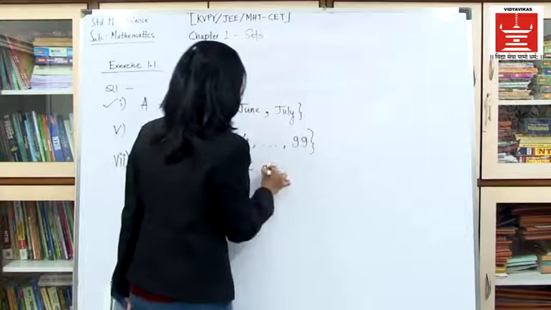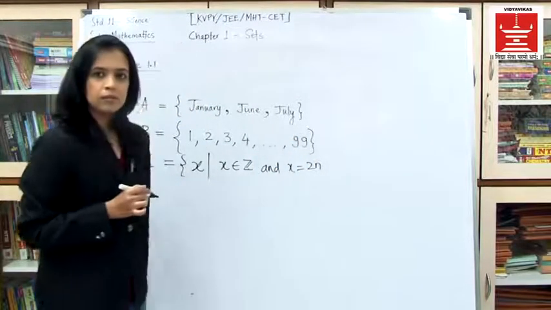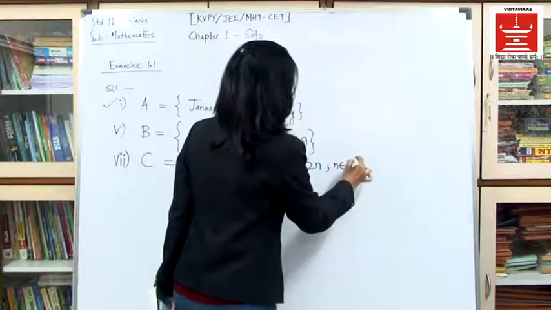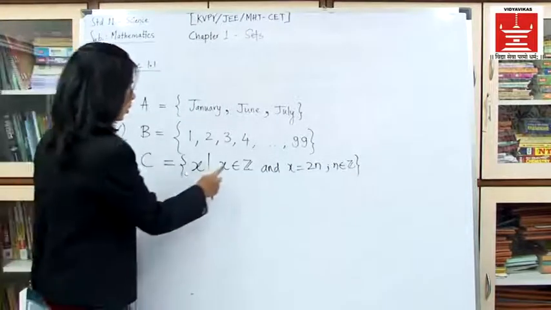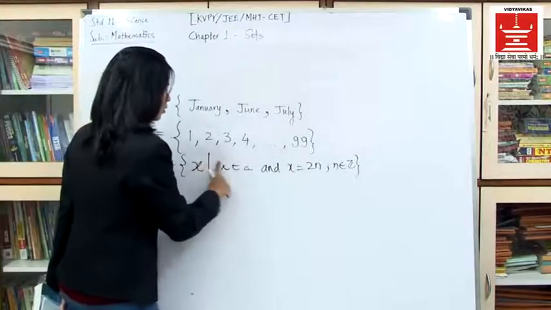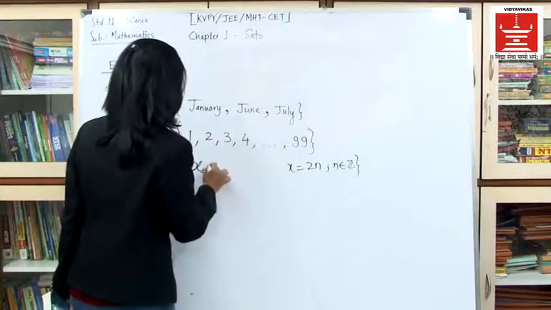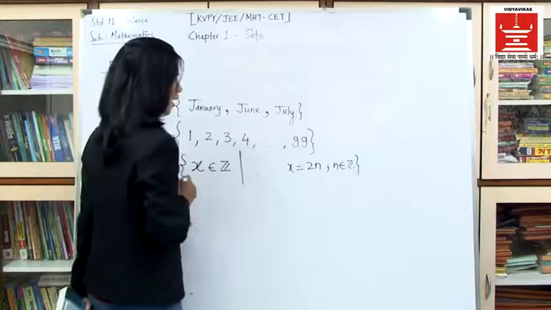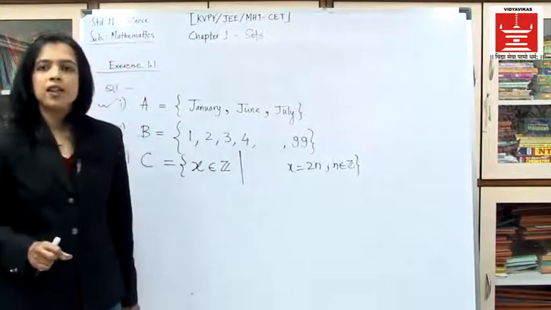So, x is 2 times n, where n is also an integer. So, you can in fact club this. We can write this as the collection of all integers x such that x is equal to 2n for all integers n.